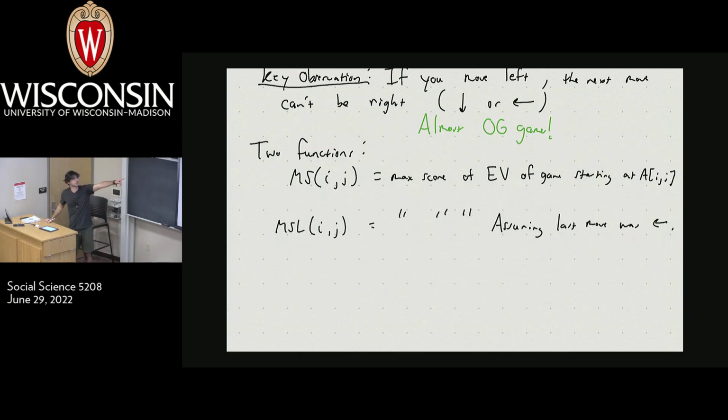And so this one's going to be almost the same recurrence as before, because by definition it's basically the same. We can never go right again. We can only go left or down. So in terms of gameplay, it's basically the same thing. The MS one, though, is a bit more complicated, because in that one we can either move left or move right.